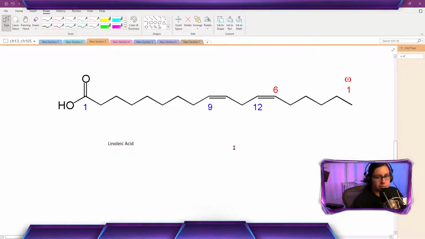And then if we compare it to linoleic acid, and its melting point is -5 degrees Celsius.